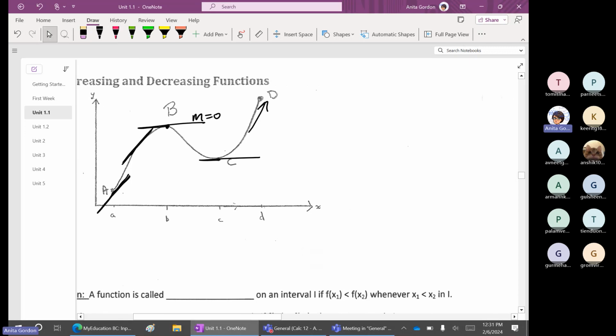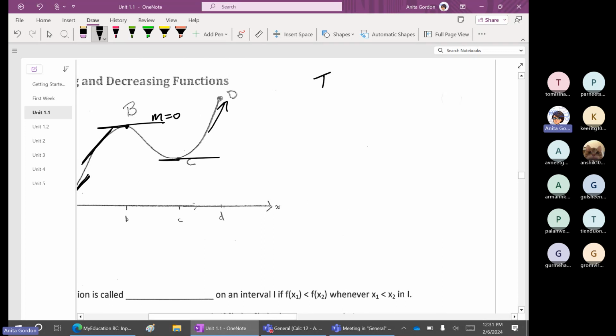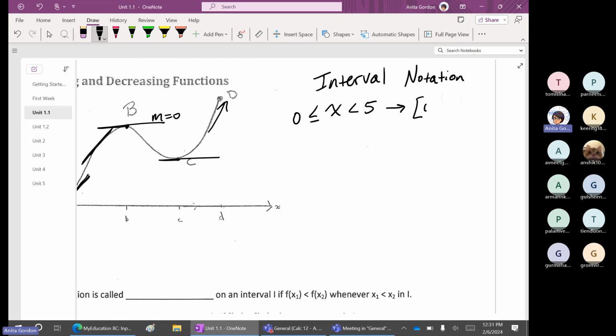So this is where I want you guys to think about interval notation. When we look at domain and range, you could say x between 0 and 5, or write it as an interval. When you are including a number, we use square brackets, and when you are excluding a number, we use round brackets. Include, exclude.